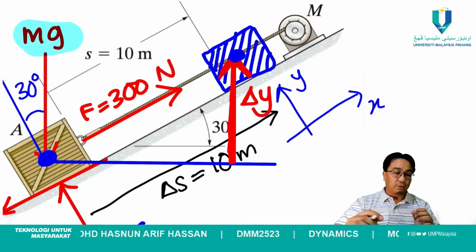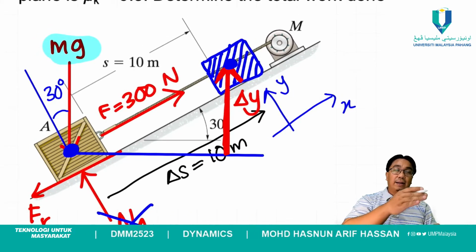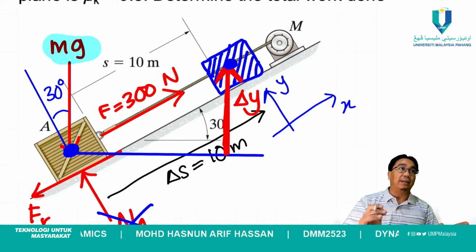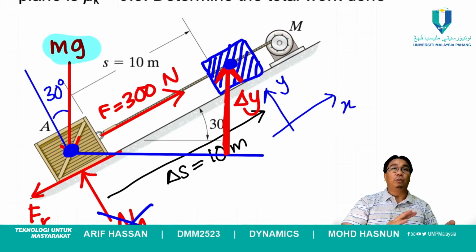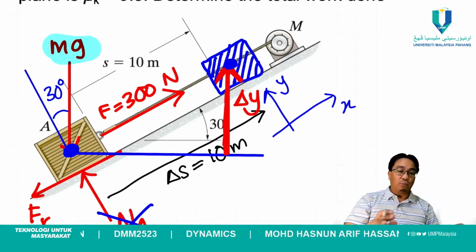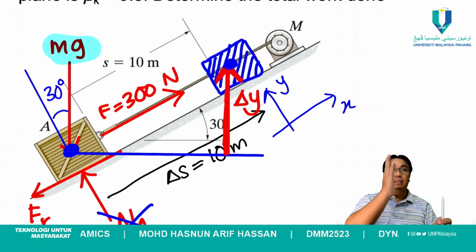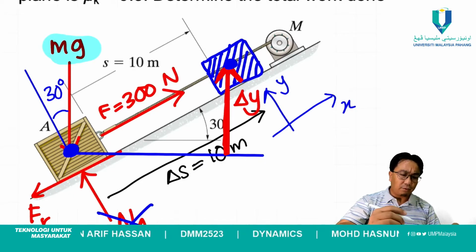Okay, so even though we define y and x tilted at 30 degrees along our plane, to calculate the work done by the force, we don't consider that axis. We must consider only the change of height in the vertical line, vertical height.